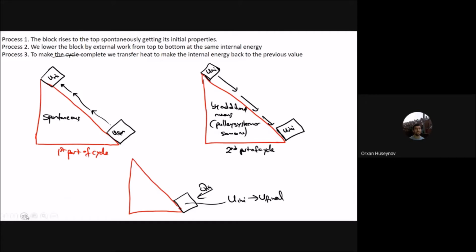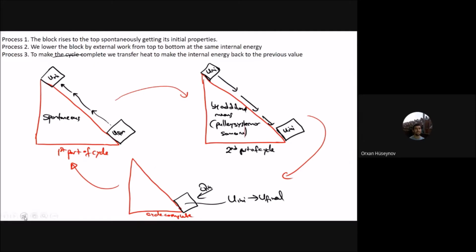Cycle complete. You can see it goes there and back here. So the cycle has three processes. One, it rises spontaneously, then some additional means lowers it down, and then in the last part we give it heat to make it U final again. This is how the cycle goes on.